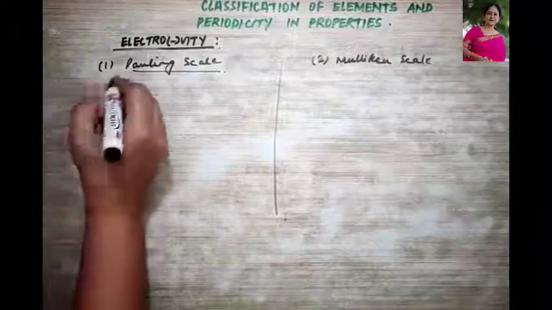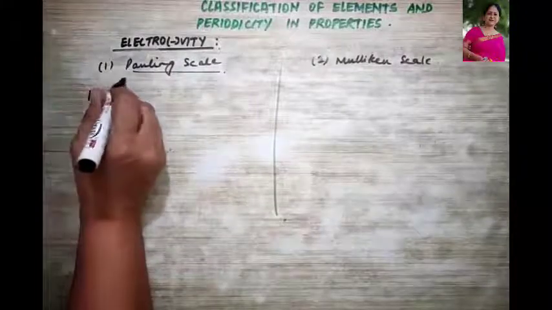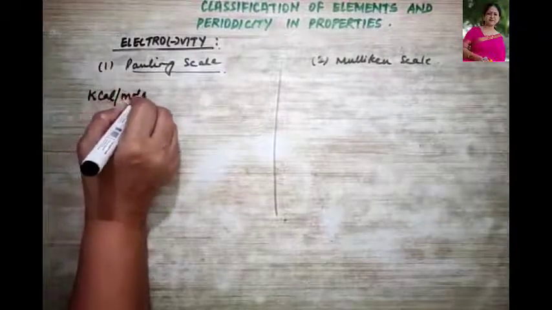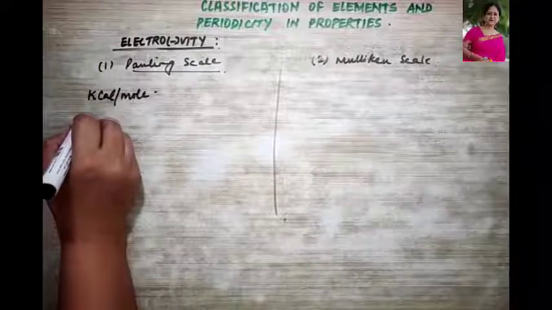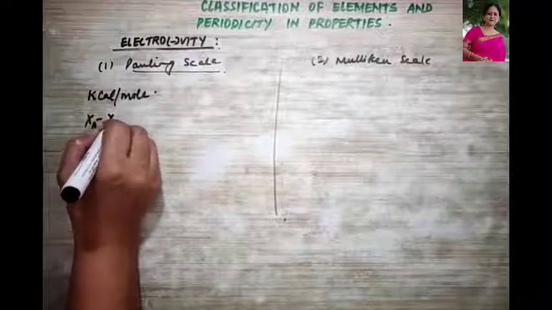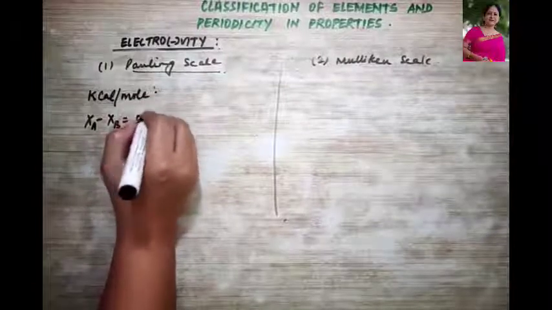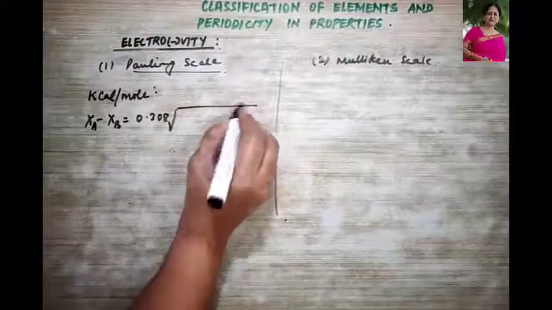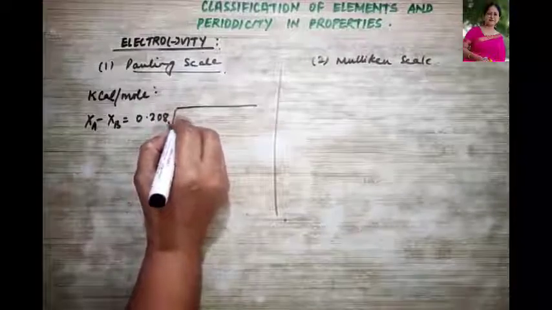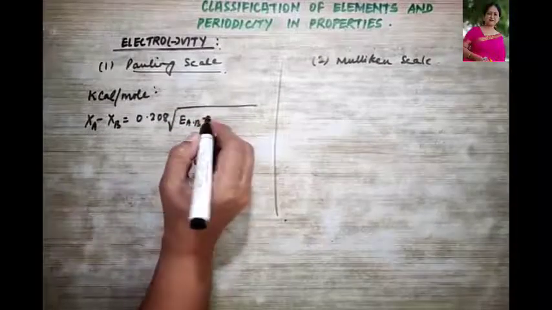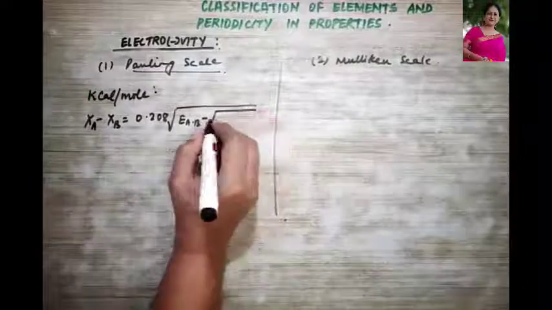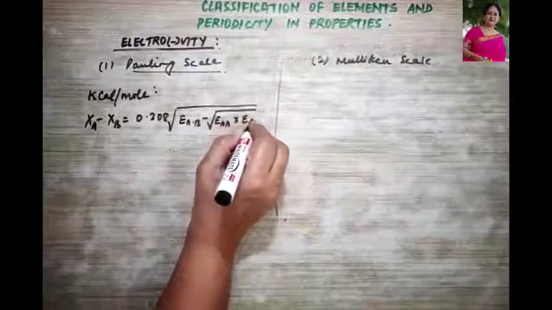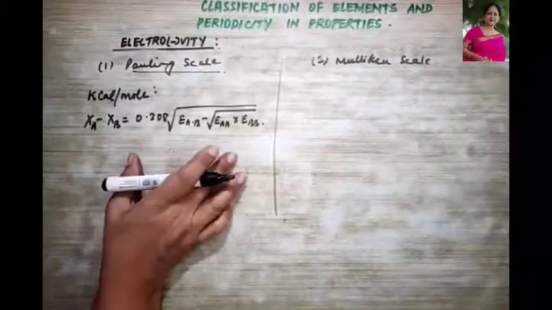If your electronegativity is given in kilocalorie per mole, right, then the difference in the electronegativity of A and B will be equal to 0.208 under root the bond energy between AB minus under root the bond energy between AA into BB. Okay, this is the formula that you have to use.